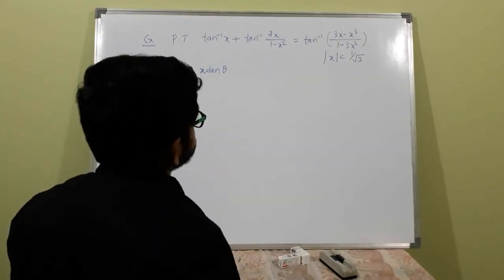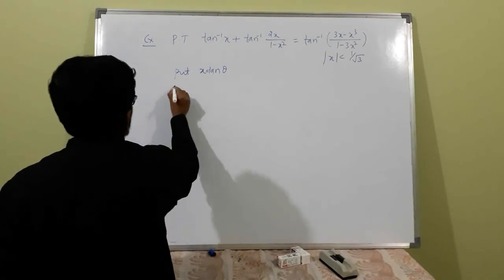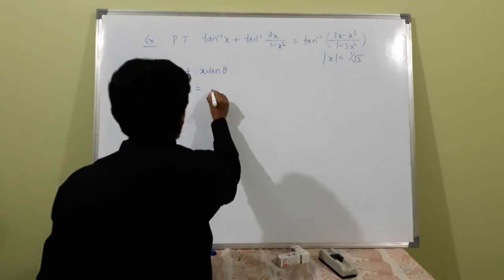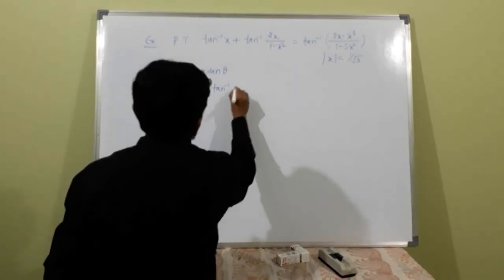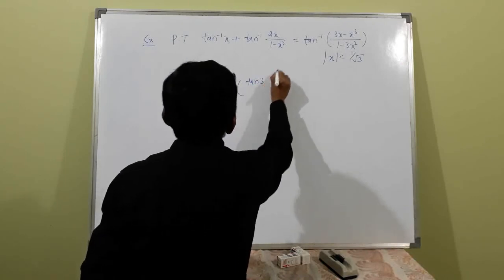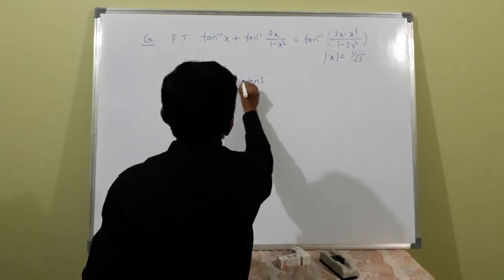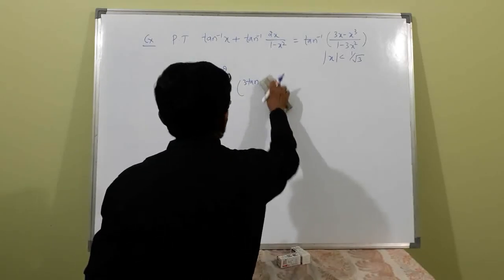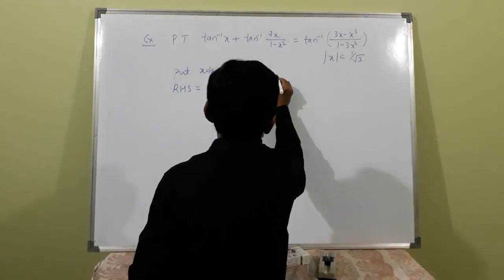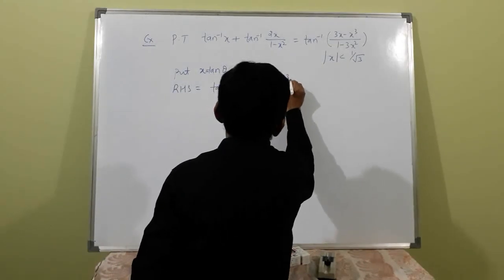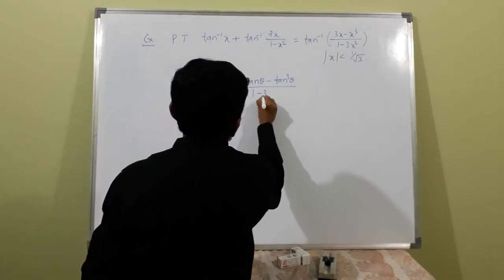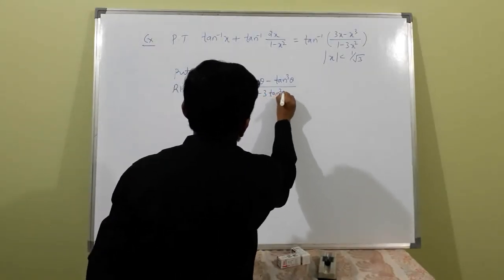Then the RHS becomes tan inverse of (3 tan theta minus tan cube theta) divided by (1 minus 3 tan squared theta).